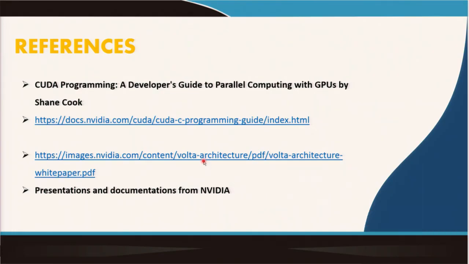These two we have consulted heavily, and it is important for any CUDA developer to go through the CUDA C programming guide if you want to learn CUDA programming, or if you want to optimize your applications. If you are a Fortran programmer, there is a similar CUDA Fortran guide, which is provided by both NVIDIA and PGI, which provides the Fortran compilers.